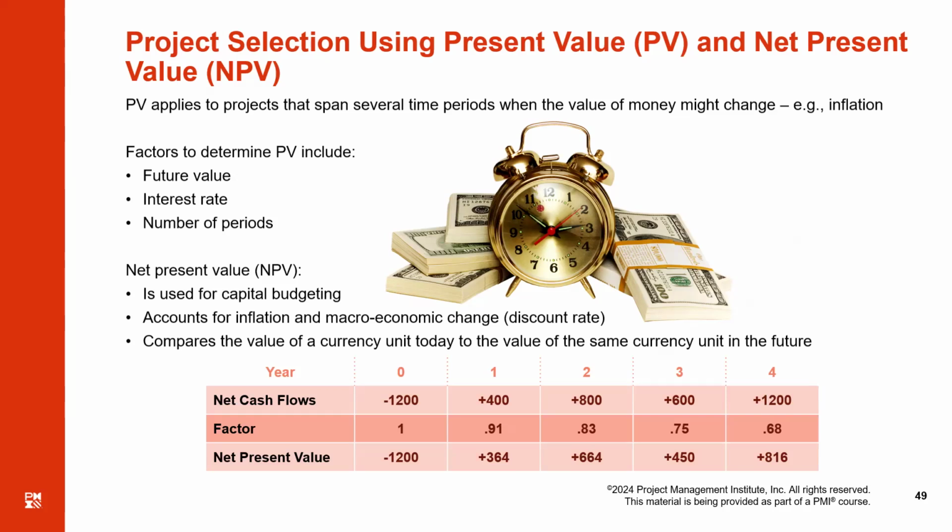On the top row, it is showing an investment of $1,200. In this project, we had an investment of $1,200, and this is the money we are getting after 1 year. This is the money we are getting after 2 years, 3 years, and 4 years.